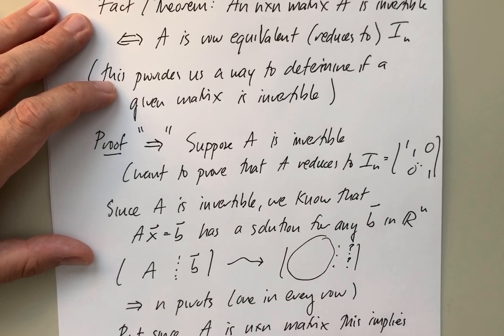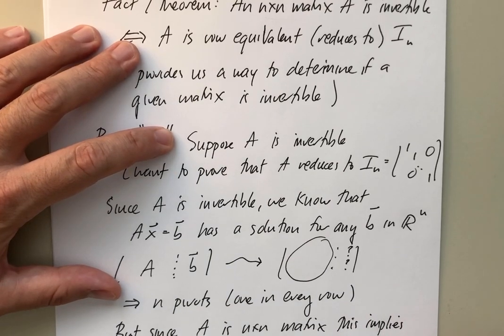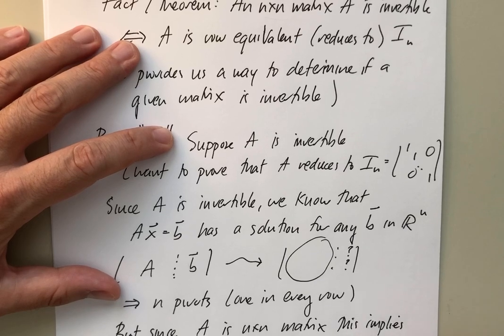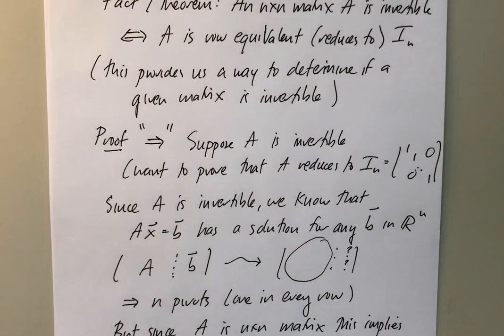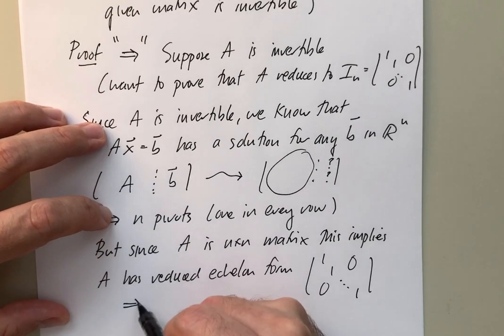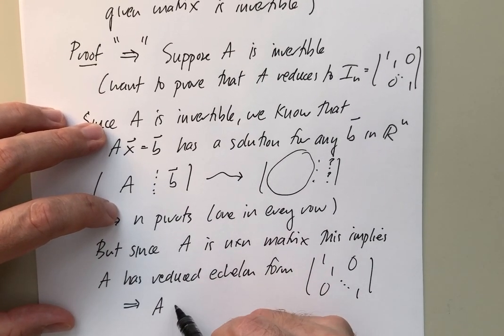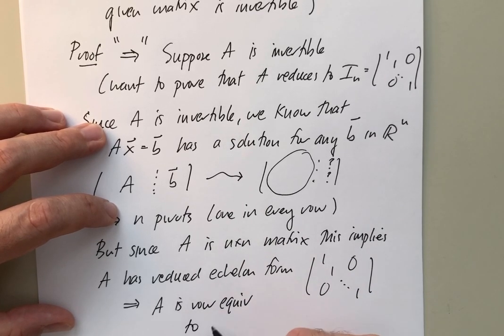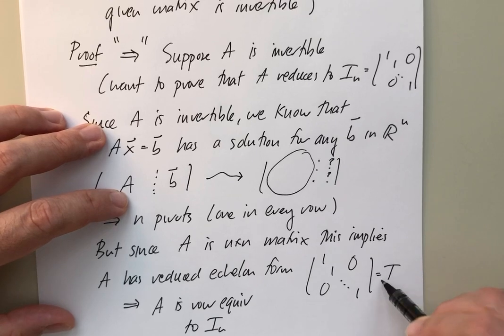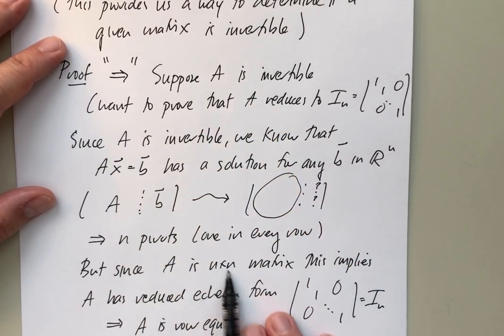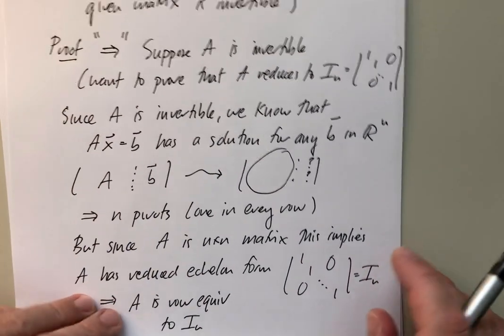How can I put n pivots in an n by n matrix? I have to put one down the diagonal, and that means zeros everywhere else. That's the only way to put n pivots in an n by n matrix. And so indeed, this means that A is row equivalent to the identity matrix. Okay, great. So we assumed that it was an invertible matrix, and we concluded that it was row equivalent to the identity.